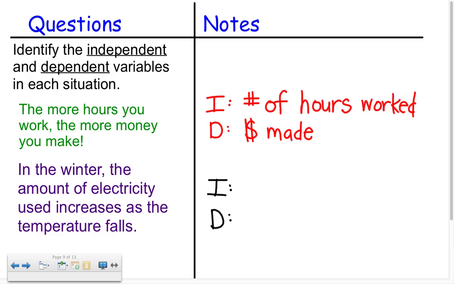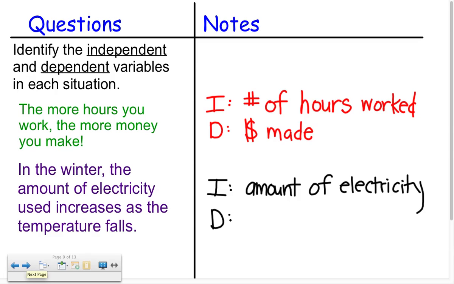It depends on the temperature. So our independent variable is the amount of electricity used, our dependent is the temperature.